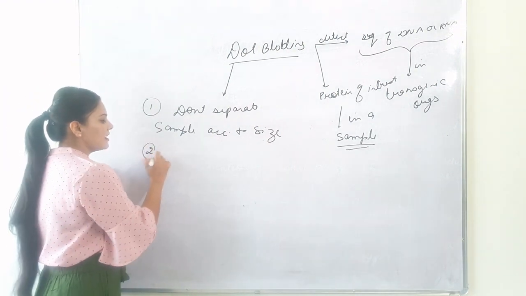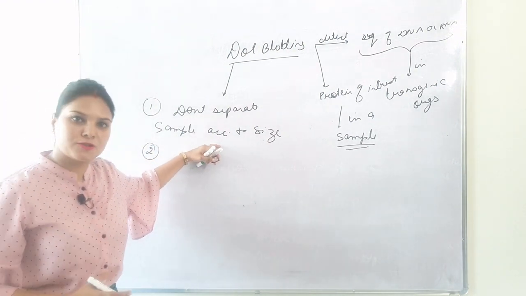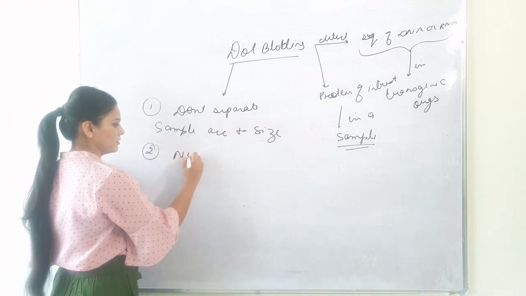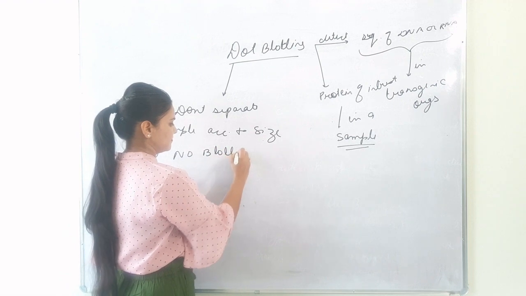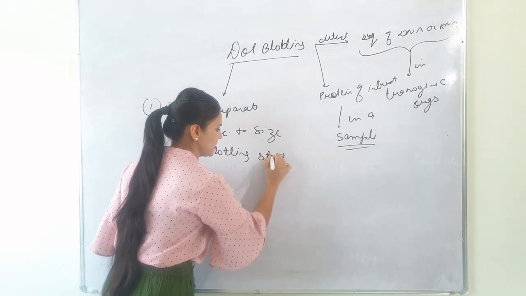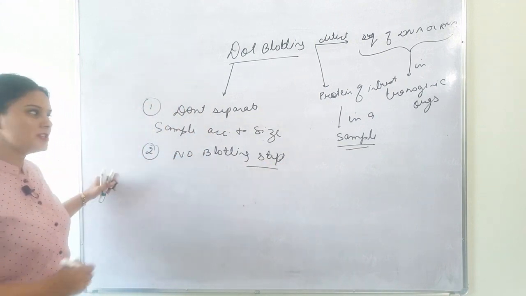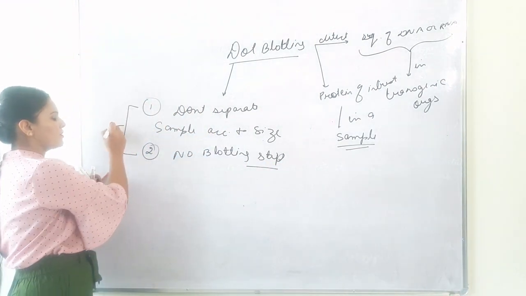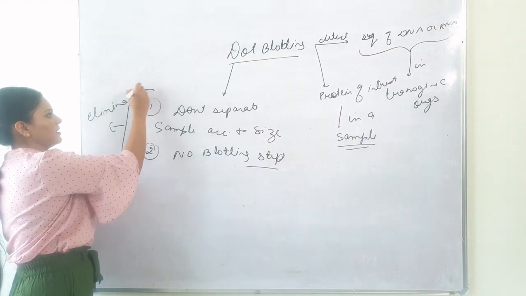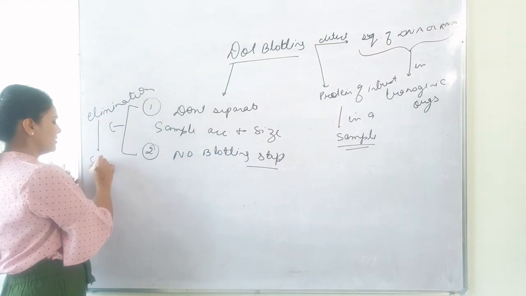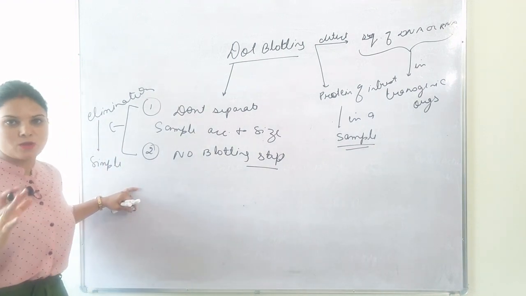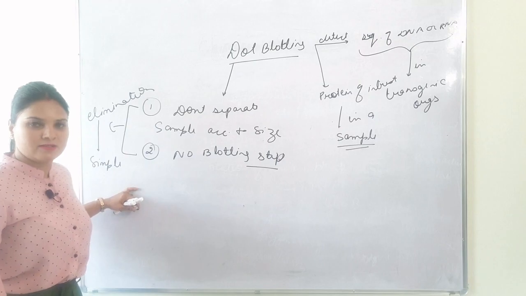And secondly, if we are not applying gel electrophoresis here, then there is no need for a blotting step. No blotting step. The elimination of these two processes makes dot blotting simple, and its simplicity is its only advantage.